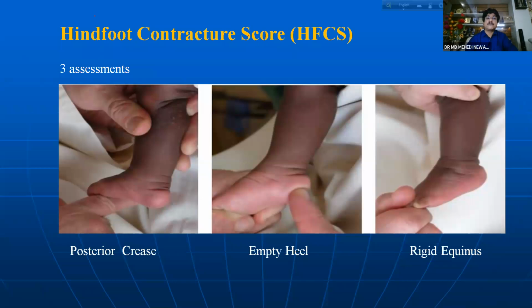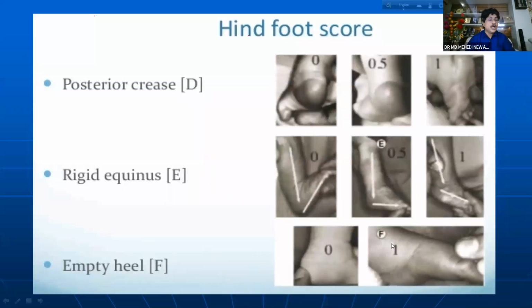The hindfoot contracture score also has 3 components: the posterior crease, empty heel, and rigid equinus. For the posterior crease, if there is one single deep crease in the posterior part, it is 1. If there are 1 or 2 creases, it is 0.5, and if there is a faint crease, that is 0. For rigid equinus, we extend the knee and slowly dorsiflex the heel: if dorsiflexion is below neutral, it is 1.